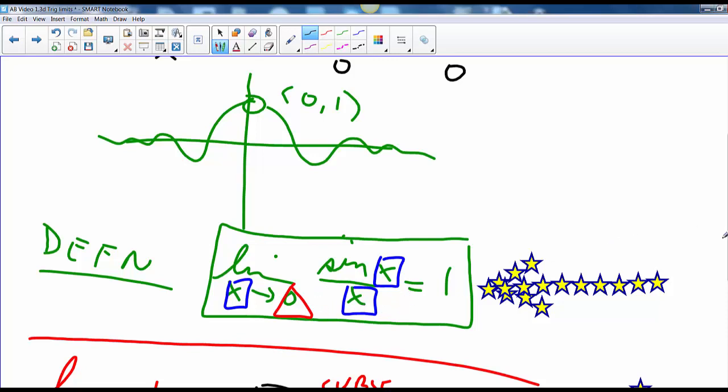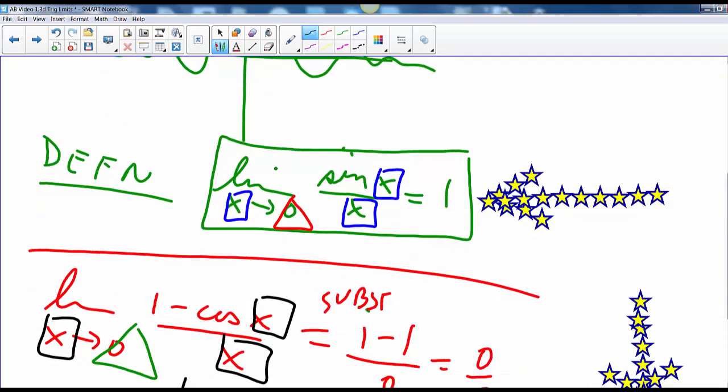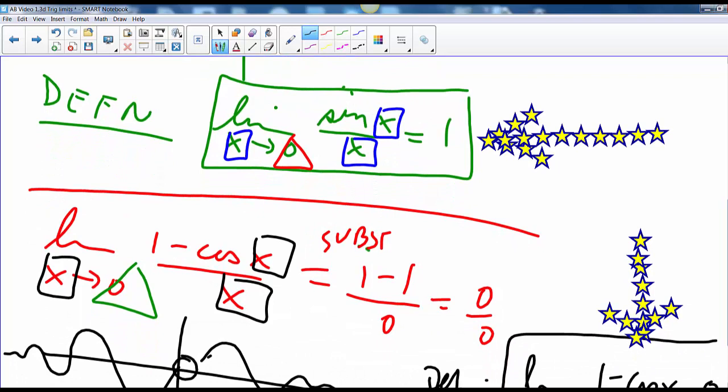The other one we looked at was the limit as x approaches 0, again, of 1 minus cos x over x. Again, the three black boxes here have to contain the exact same algebraic expression. And, of course, again, this has to approach 0. Now, if we did plain old substitution, we get 1 minus the cosine of 0.